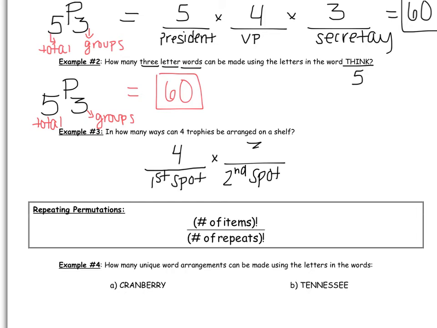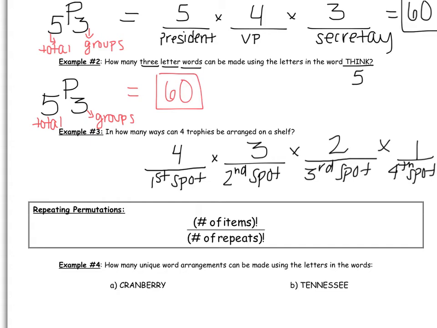You're going to tell me 3. And then after 2 trophies have been placed, how many are available for the third spot? And then how many are available for the 4th and last spot? You should be telling me 1. So if you multiply 4 times 3 times 2 times 1, you should get 24.